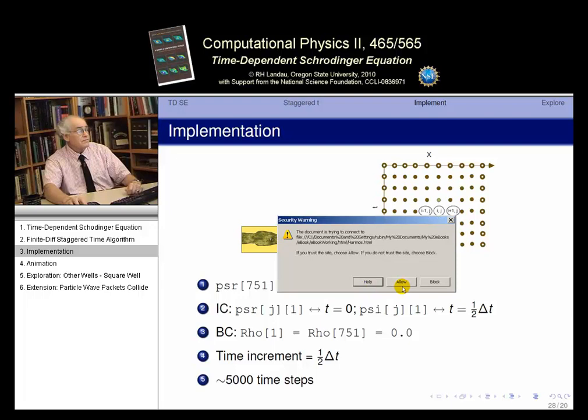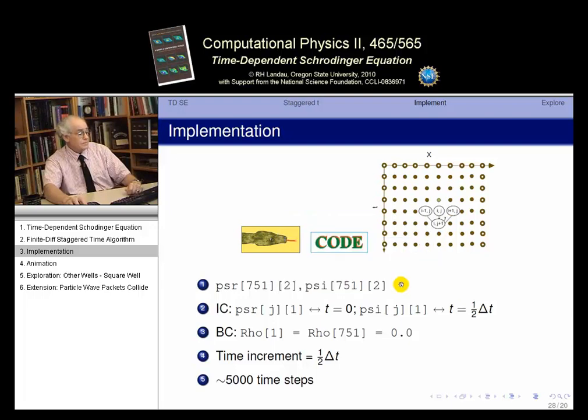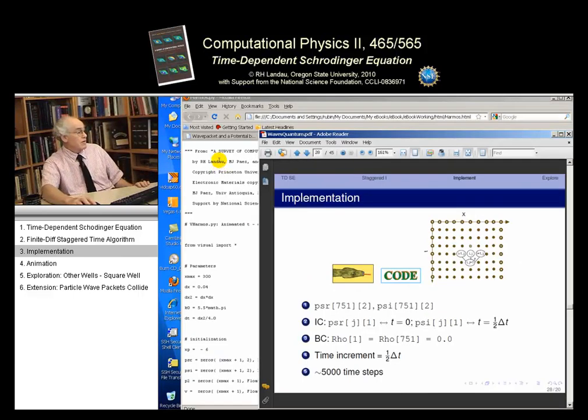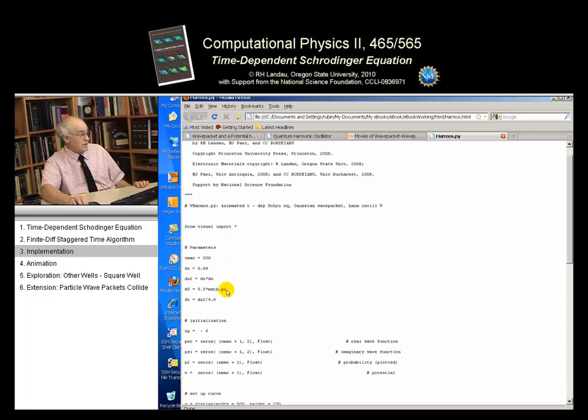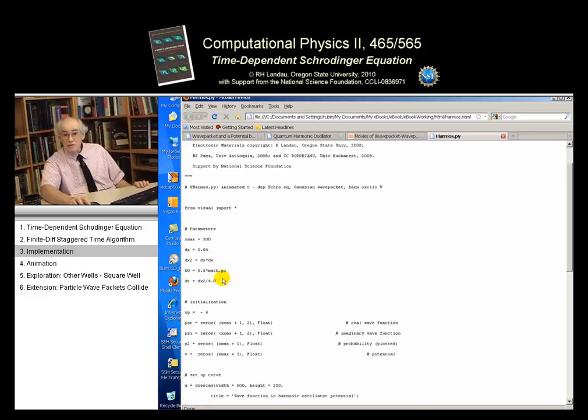So here's the code. Right there. It's pretty much what we've told you. 300 is the maximum x value, delta x is 0.04, just some numbers. K0 is the original momentum of the particle.